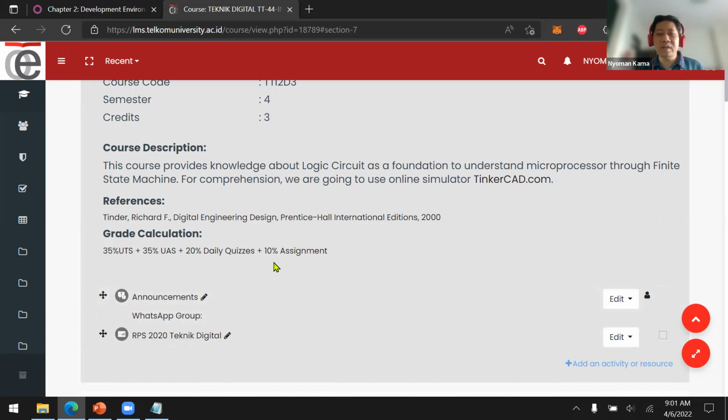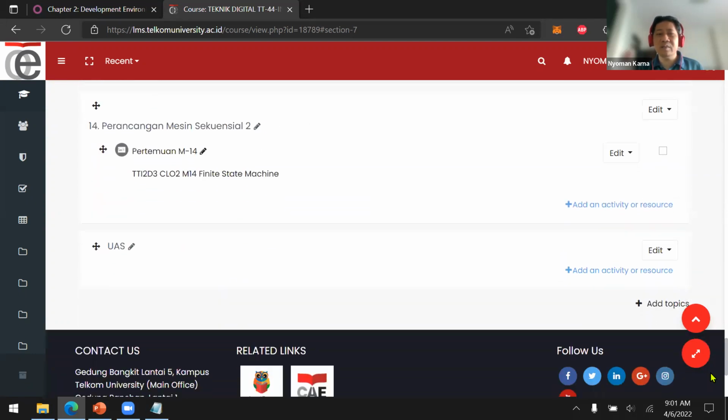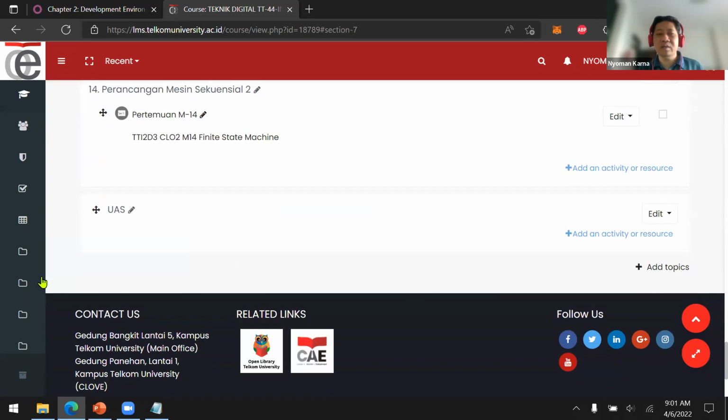And also for the 10% assignment, I'm going to open the assignment in this LMS. First assignment. I'm going to inform you when it will be open and when the due date of that assignment is. But it's actually for this week. I believe I'm going to open it on this Saturday because next week we already have the mid-exam.